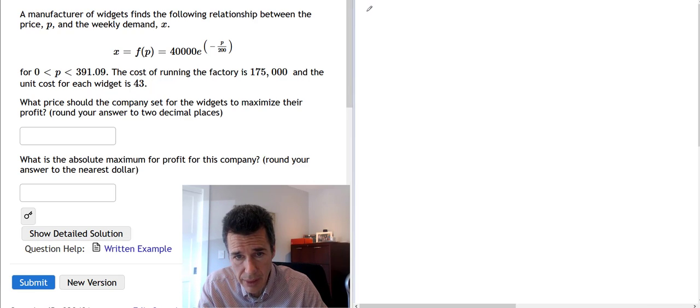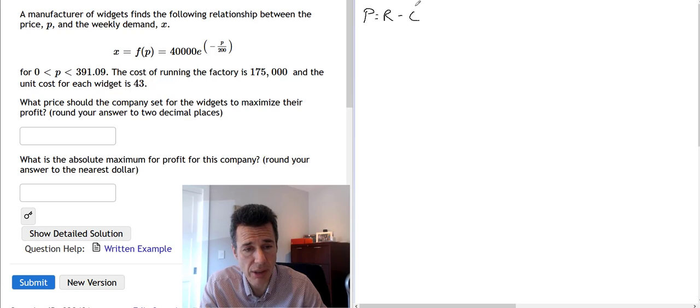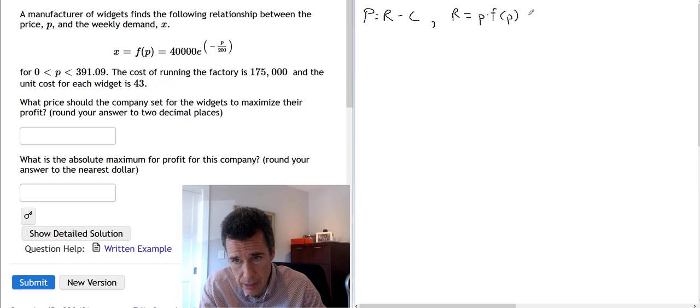I know that profit is revenue minus cost, so I better figure out my revenue equation and my cost equation. The revenue is pretty straightforward: revenue is p times f of p, which is 40,000 p e to the negative p over 200.